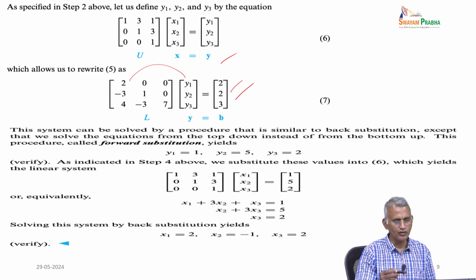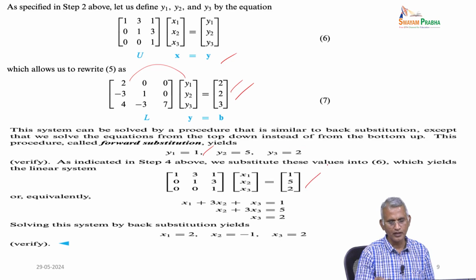So, in step 4 above, we substitute these values, which yields 1 3 1, 0 1 3, 0 0 1 of x1 x2 x3 equal to y1 y2 y3 values substituted. Now, from the above matrix system and back substitution you do, that is 1 into x3 equal to 2.